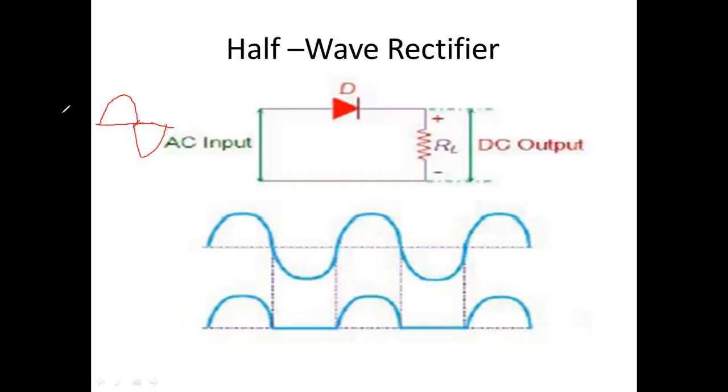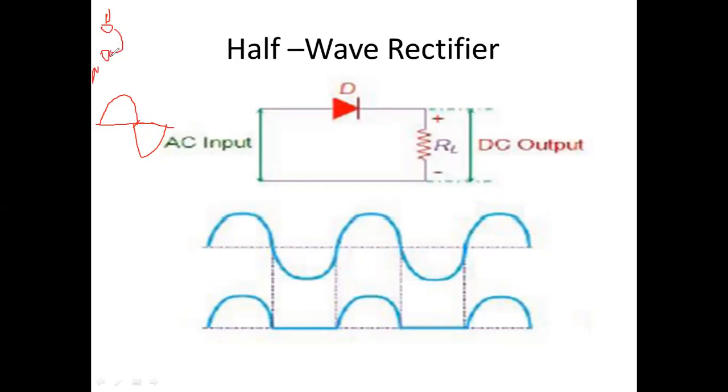Yes, sir. So for the positive half cycle, suppose we consider two terminals here now. This is the phase and this is the neutral. So phase to neutral, the current will flow.